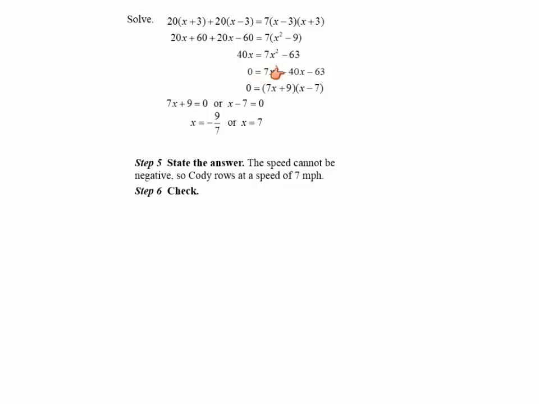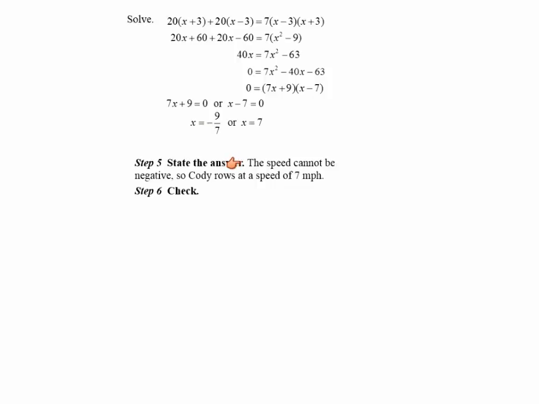You get 7x squared minus 40x minus 63. Once we factor and set each of these parentheses equal to 0, I would find x. Again, if you have a problem or question about how to factor, please review my sessions on factoring. Everybody should know how to factor by now.